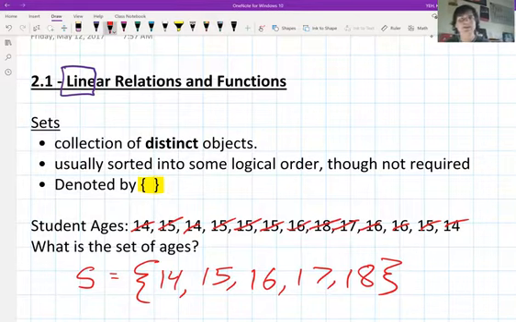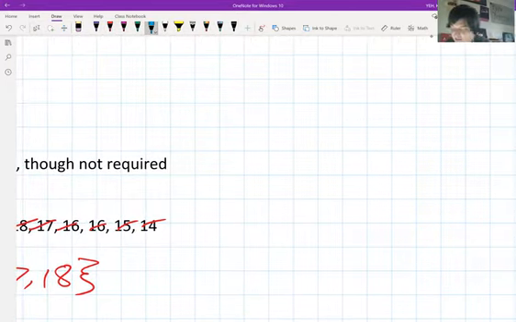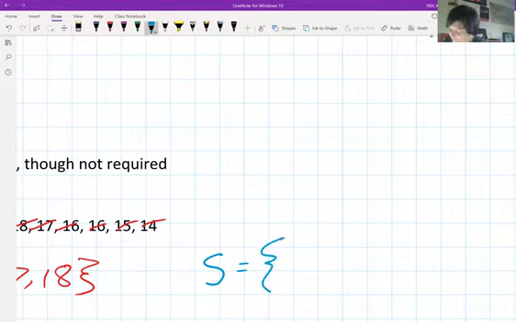When there's a pattern like that, sometimes it's easier to list it using something called set builder notation. So I'm going to come off to the side here and write another way to write this set. I'm still going to call it S. So S equals, and then I'm going to draw my curly brace to say it's a set. Now here's where things get a little different. I'm going to write a couple things down, and then I'm going to explain what all of them mean.